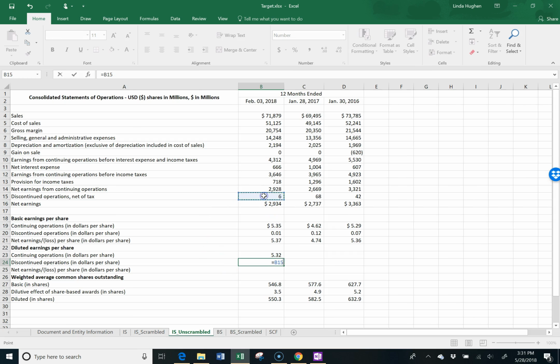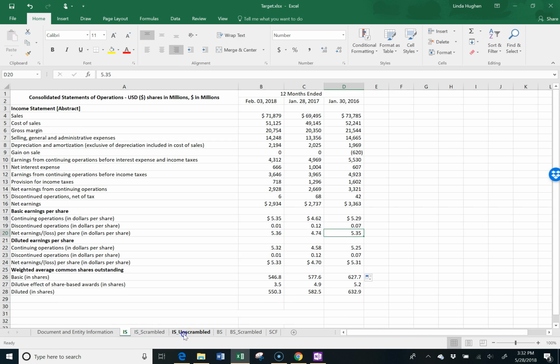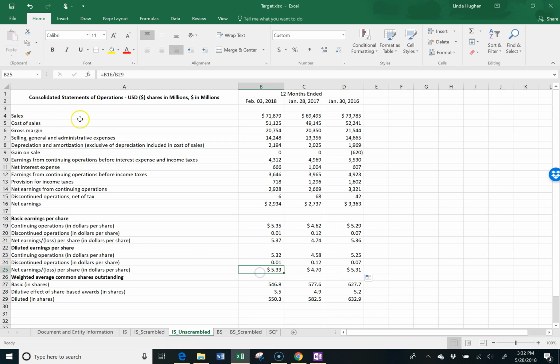Next, discontinued operations divided by the diluted weighted average number of common shares outstanding, and so forth. Okay, I'm going to check these numbers, 533, 470, and 531. Excellent.